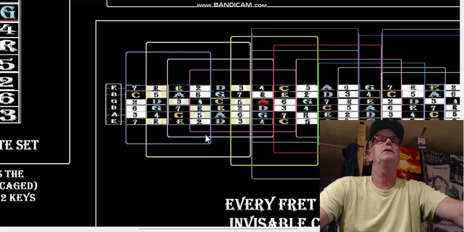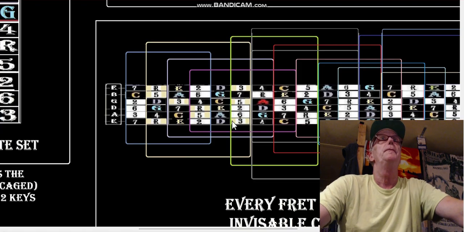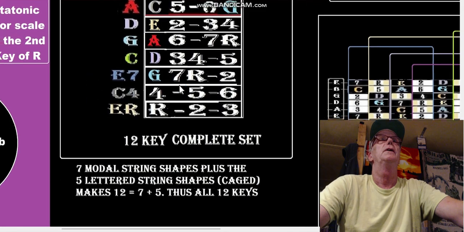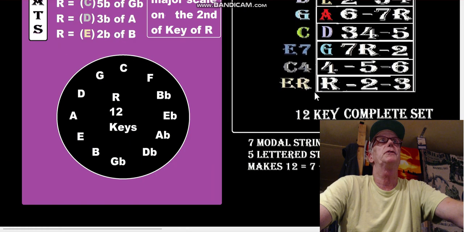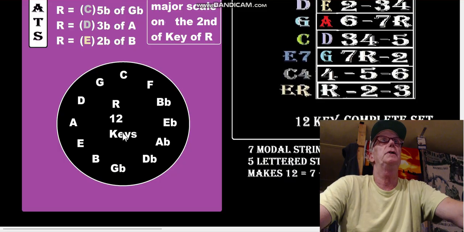This particular circle right here, we can use that for the key of B. It doesn't look like the key of B to me, but it is the key of B, because it's 7 modal string shapes plus the 5 letter string shapes, caged, makes 12. So that equals 7 plus 5. That's all 12 keys.